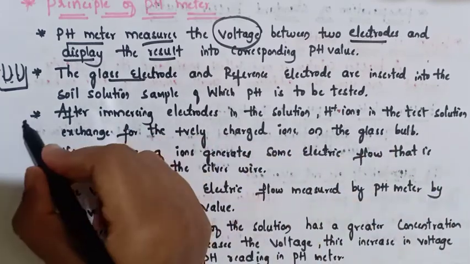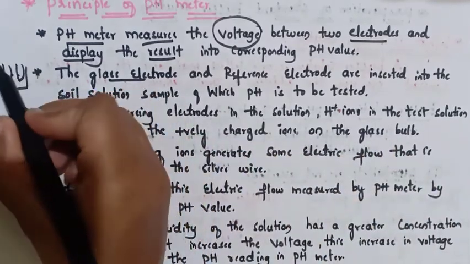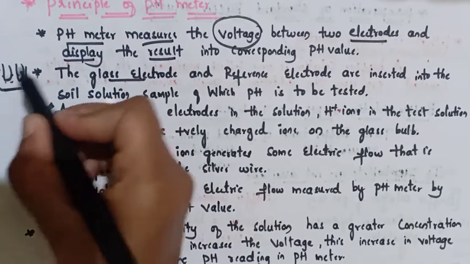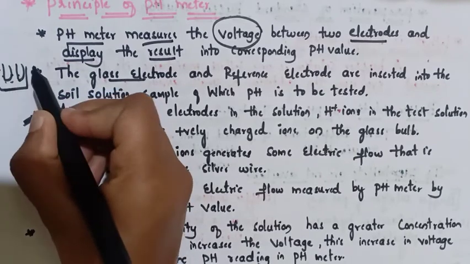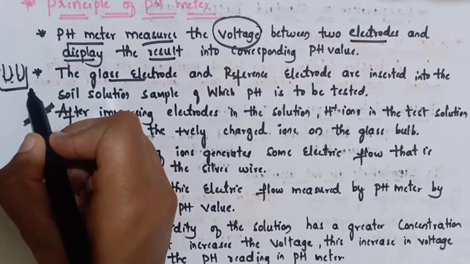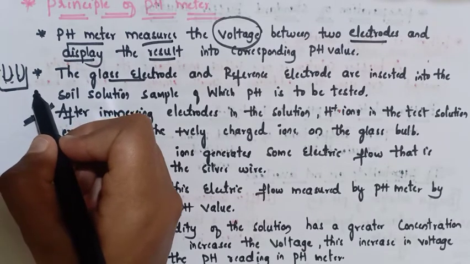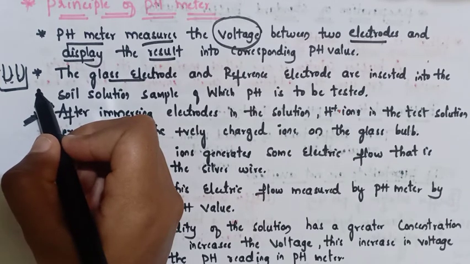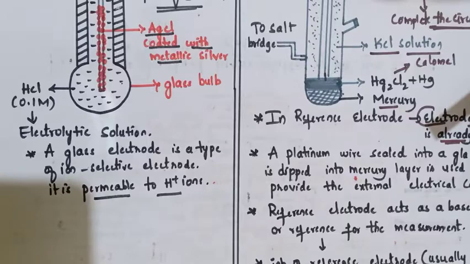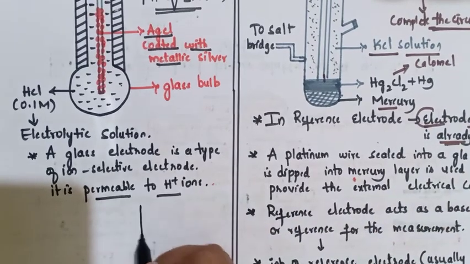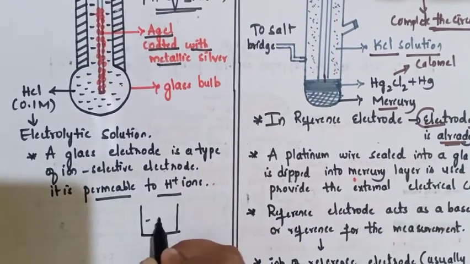Now this is a very important point. We have inserted the glass electrode and reference electrode in the test solution, that is, in the soil solution sample. Now we have already learnt about the schematic of this glass electrode. Let's once again see it now. Let's consider this as a soil sample.